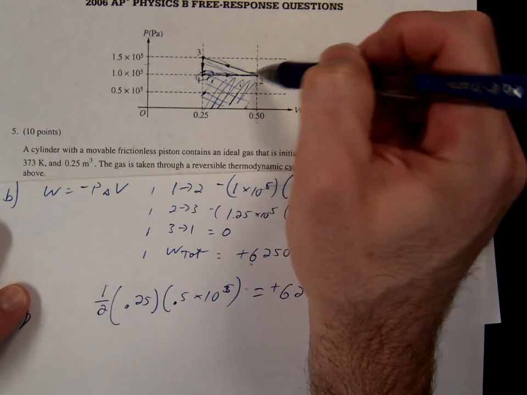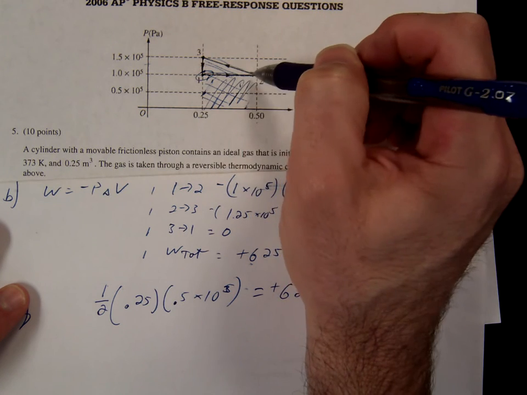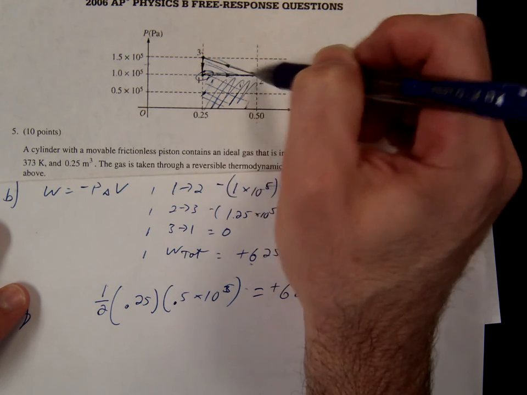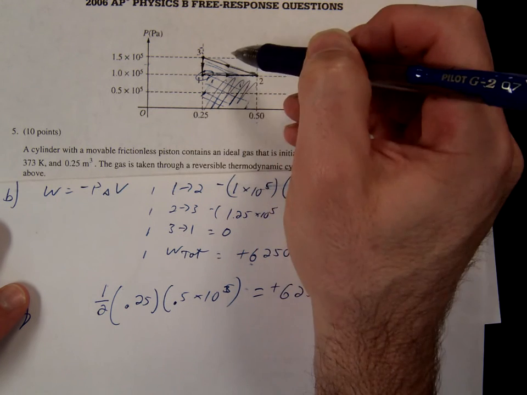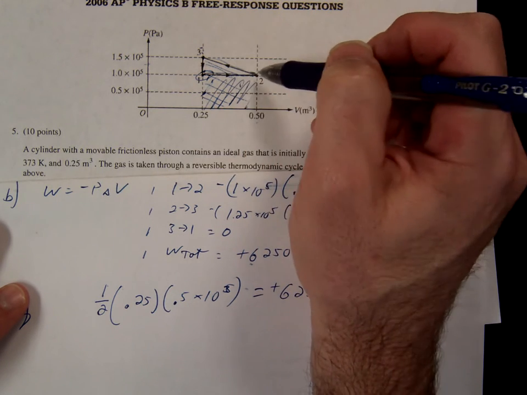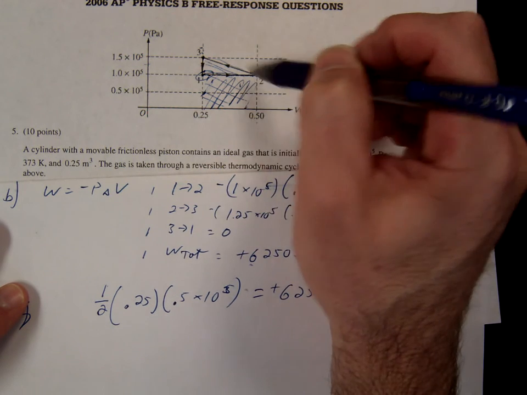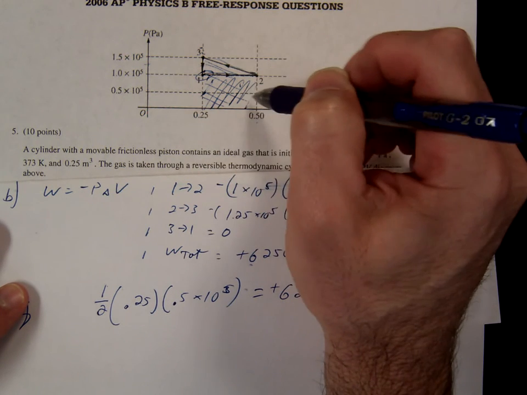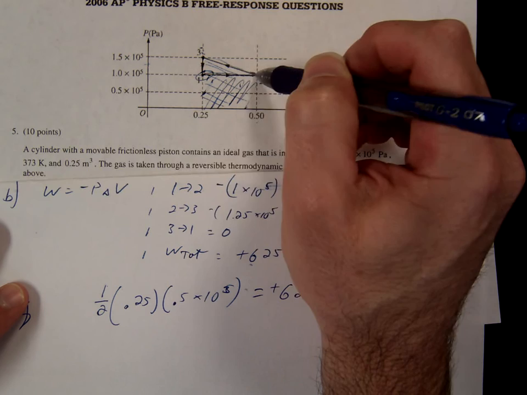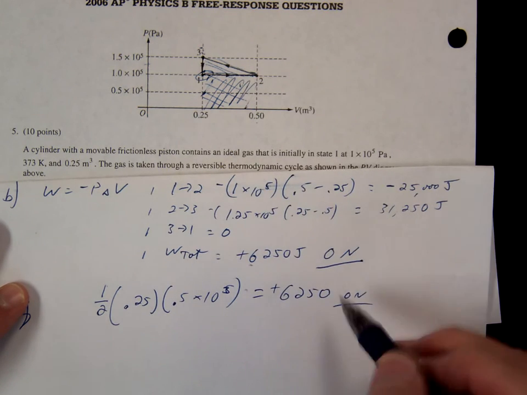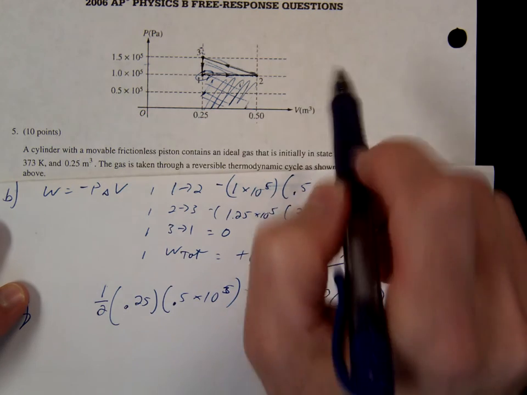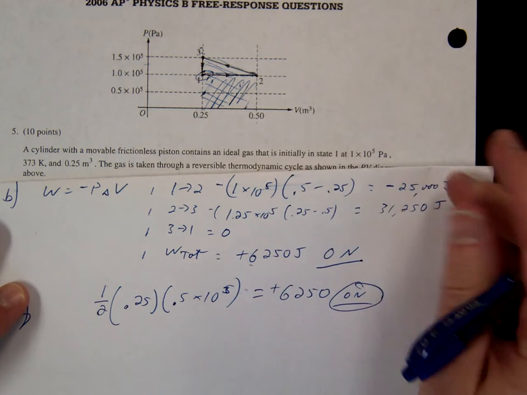Is it the one going from 1 to 2 or the one going from 2 to 3? 2 to 3, because it's above, so there's going to be more work in there. And to figure out on or by, for 2 to 3, notice the volume's decreasing. This is an on process because it's decreasing the volume. And you're right, if it was reversed, then it would be negative. Okay, good question.